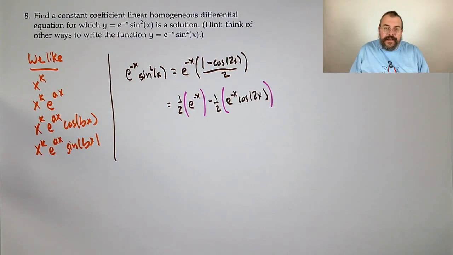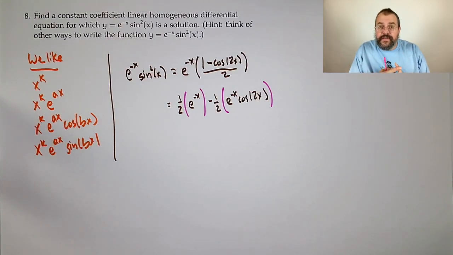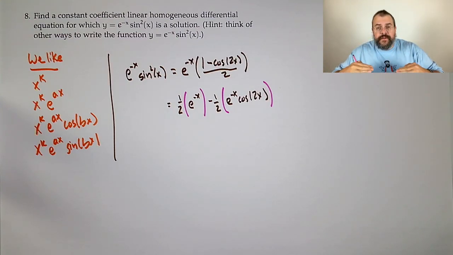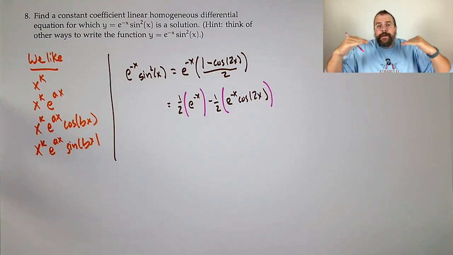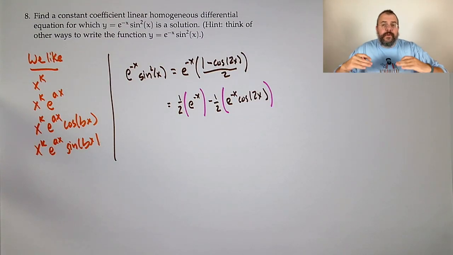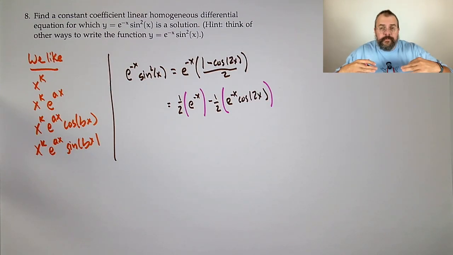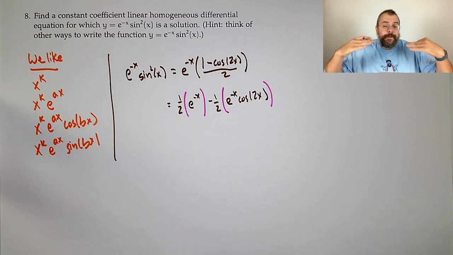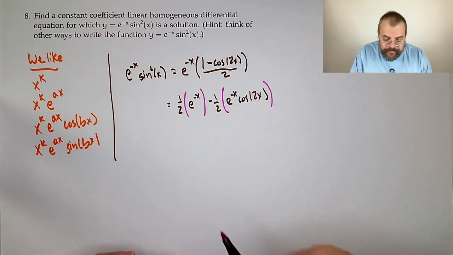So now we say we want to have a differential equation which has e to the minus x as a solution. And instead of starting with a differential equation and getting to a solution, we start with a solution and work back to a differential equation. So we're going to identify the functions, which identify the roots, which help us find the characteristic polynomial, which helps us find the differential equation.